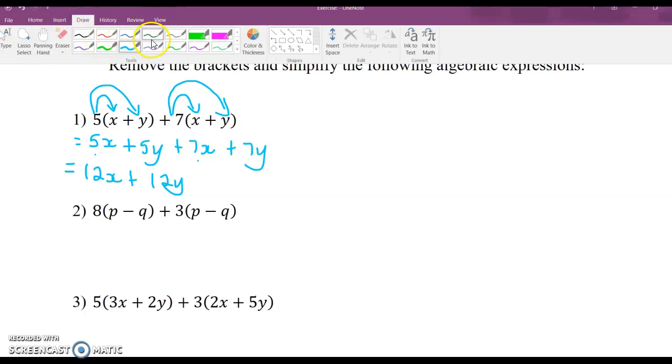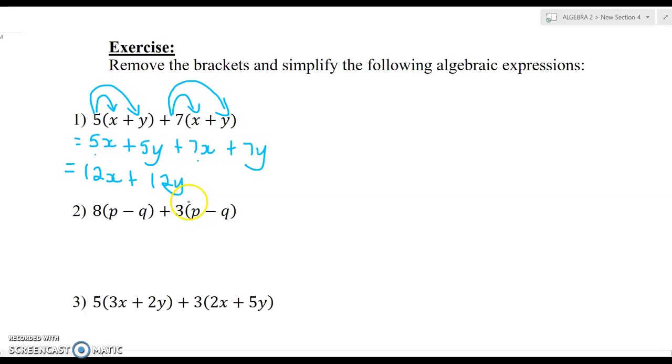Now let's look at number 2. 8 multiplied by p is 8p. 8 by negative q is negative 8q. Then we have positive 3 by p, which is positive 3p, and positive 3 by negative q, which is negative 3q.